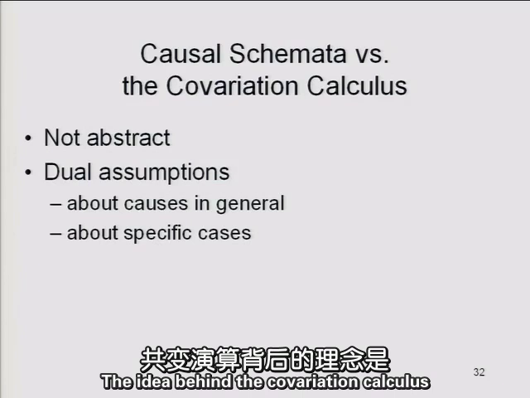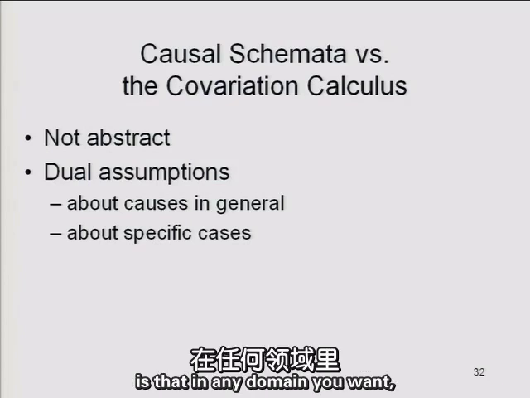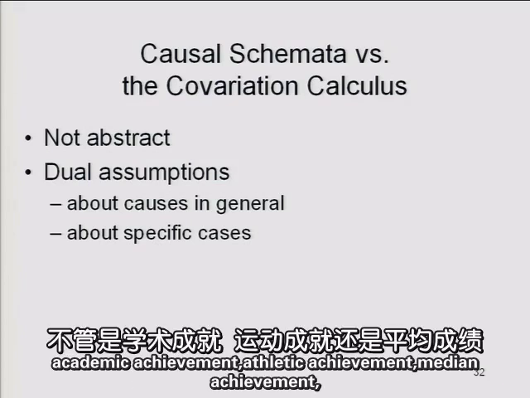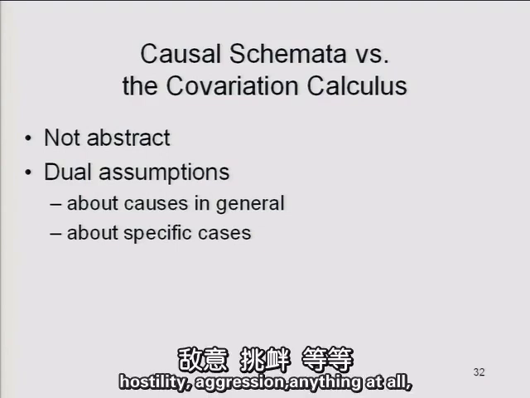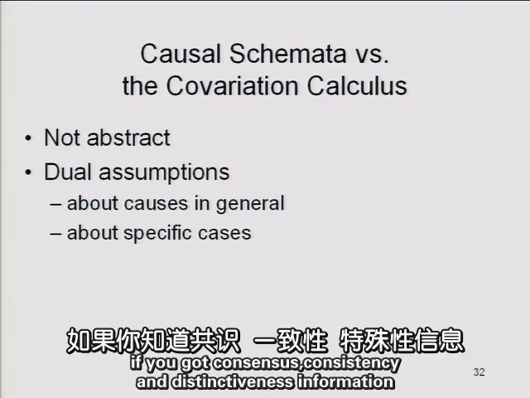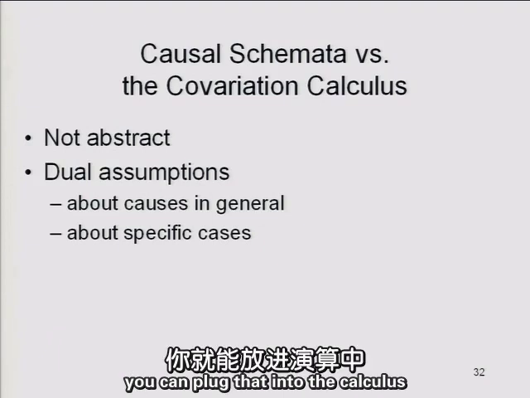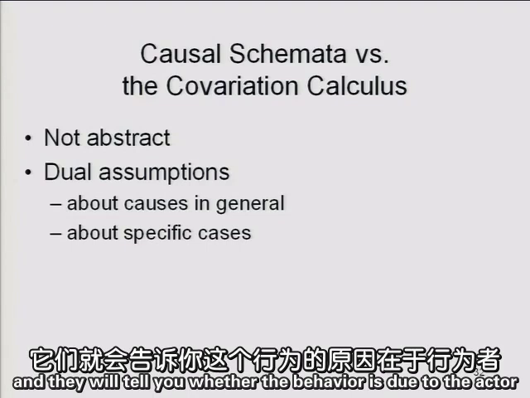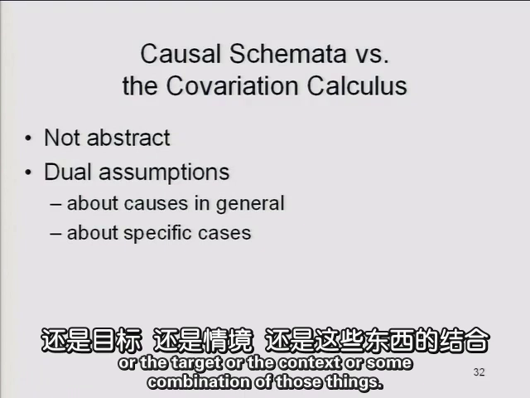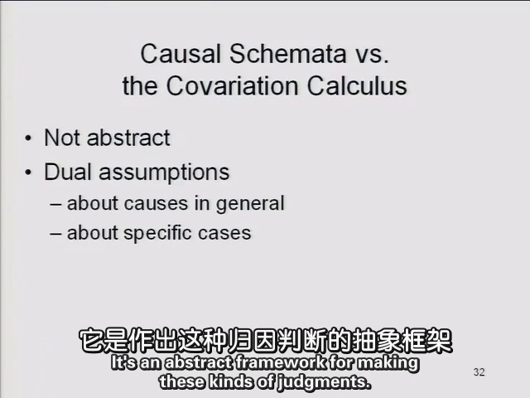The idea behind the covariation calculus is that in any domain you want, academic achievement, athletic achievement, mating achievement, hostility, aggression, anything at all, if you've got consensus, consistency, and distinctiveness information, you can plug that into the calculus and it'll tell you whether the behavior is due to the actor or the target or the context or some combination of those things. It's an abstract framework for making these kinds of judgments.